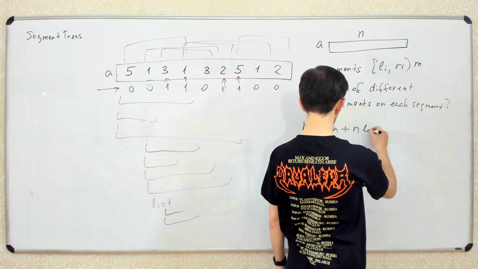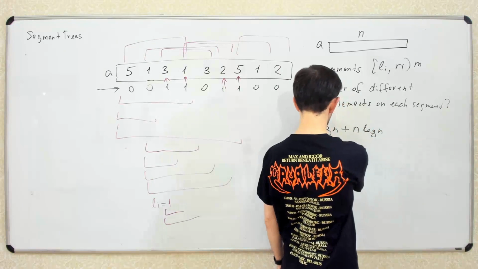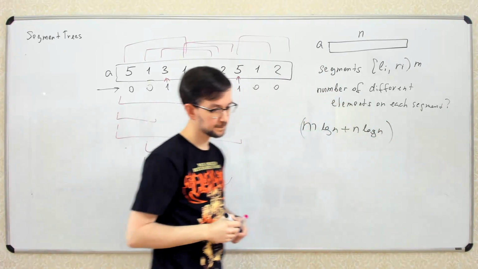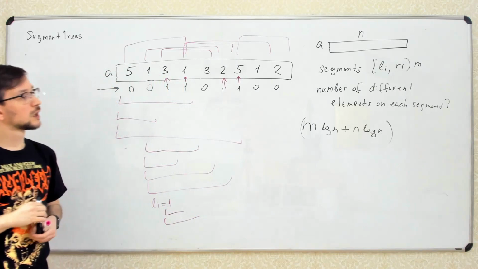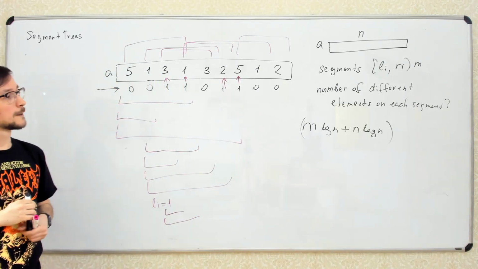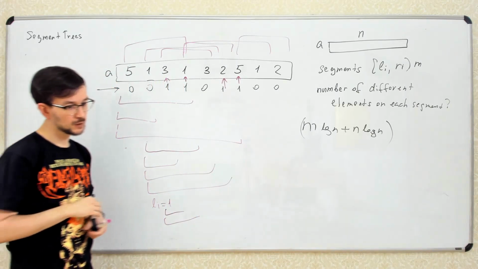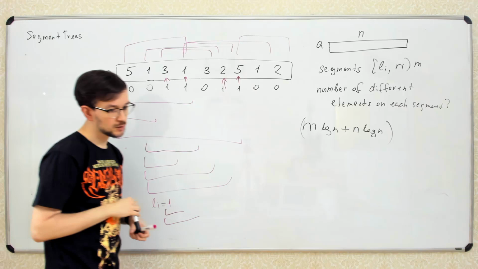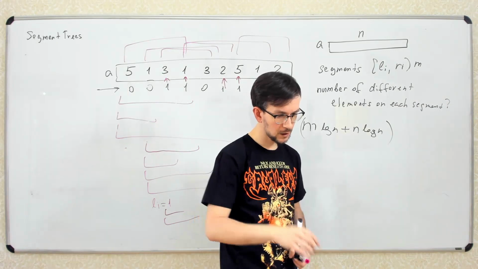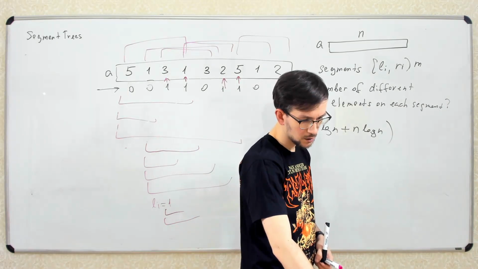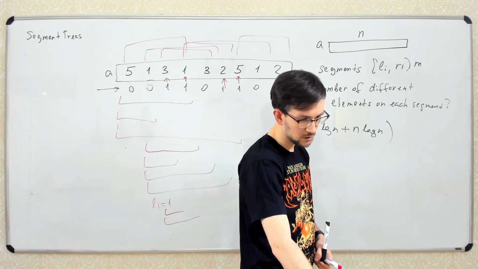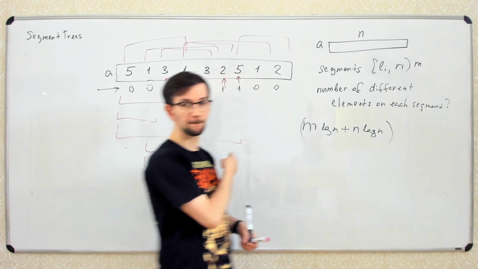So it is n log n. So this is the total time complexity. Clear enough?